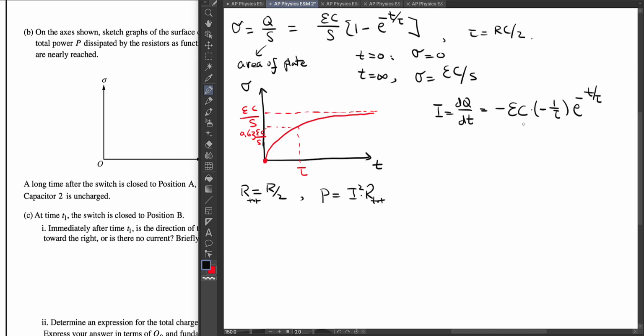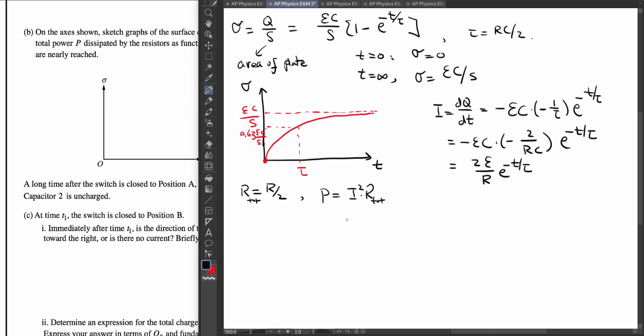Because the derivative of the t here will include this coefficient, negative 1 over tau. Tau, remember, is RC over 2, so it's 2 over RC. And we cancel out the negative sign, cancel out the C, so we get 2 EMF over R e to the negative t over tau.